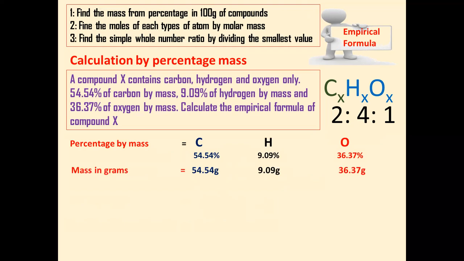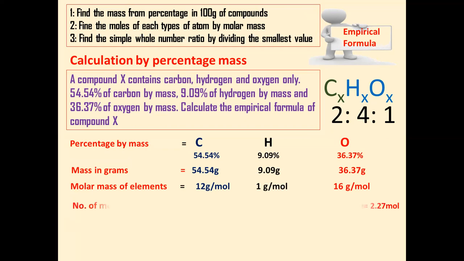For example, the mass of carbon is 54.54 gram, hydrogen is 9.09 gram, and oxygen is 36.37 gram. The molar masses of carbon, hydrogen, and oxygen are given in the periodic table. We use mass over molar mass to get the moles of each element.